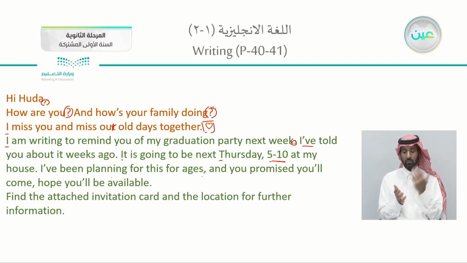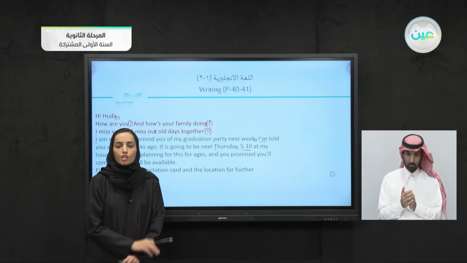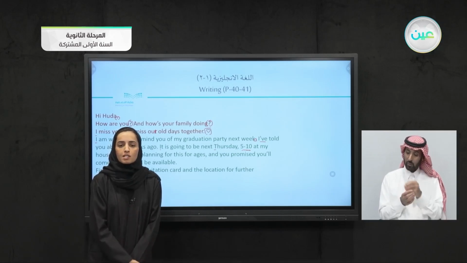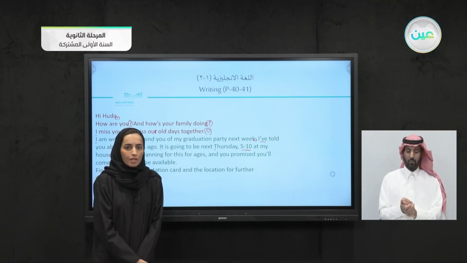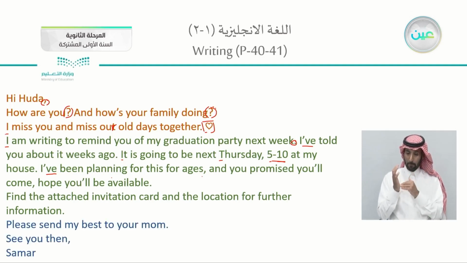My house, I have, more like informal. And we're having commas and adding the idea about the attachment. Find the invitation for the location and other things. She said everything that is supposed to be said. Next, here we're having the closing lines. She will say, please send my best to your mom.